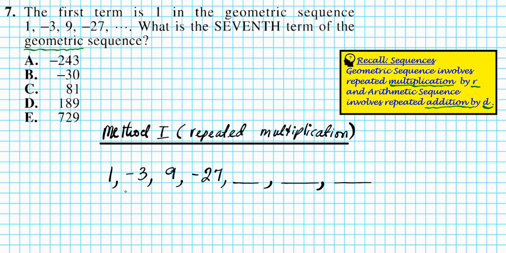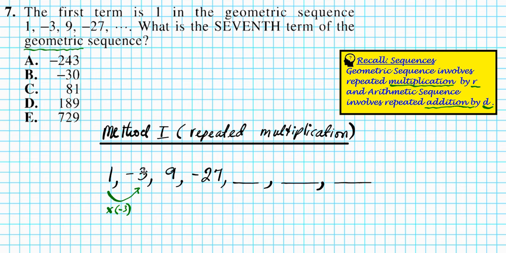So what do you notice happening over and over again? What do you multiply 1 by to get -3? You multiply by -3. Since this is a geometric sequence, you expect the terms to be generated by multiplying by -3 over and over again. This is your common ratio.